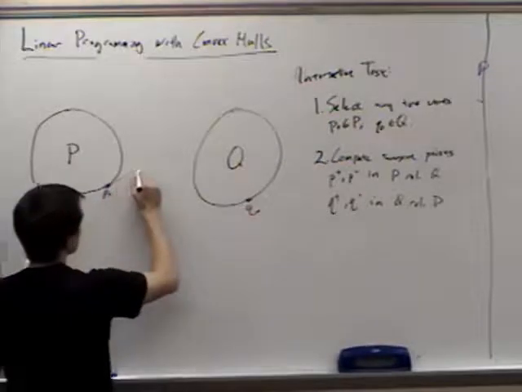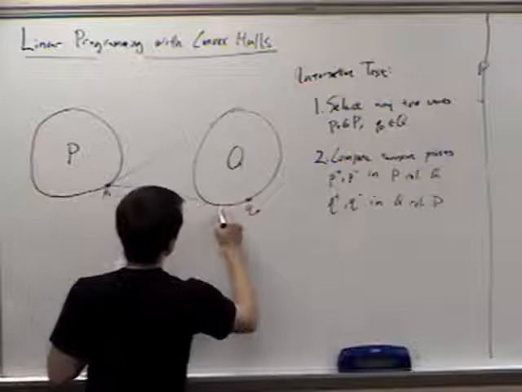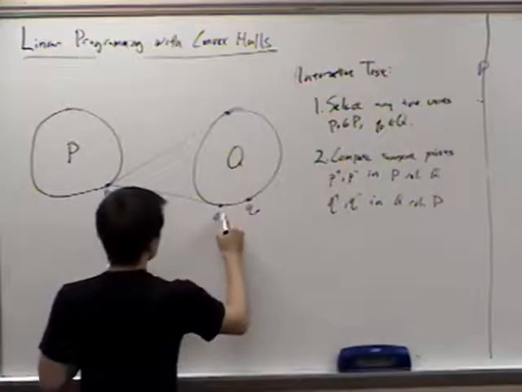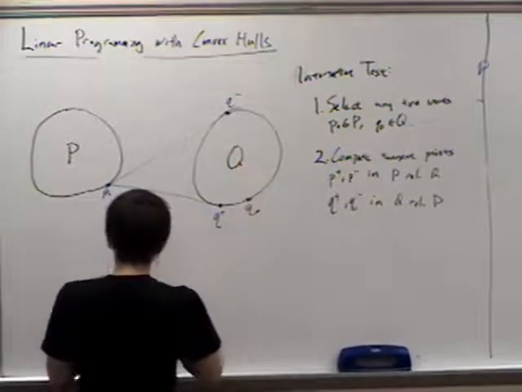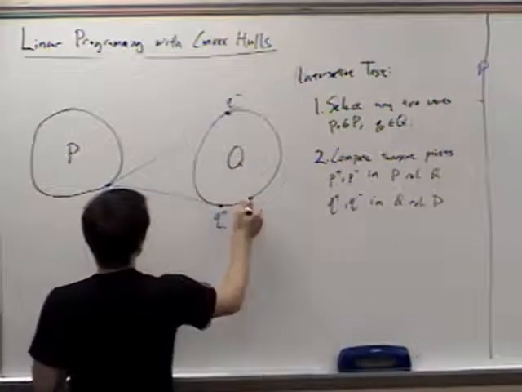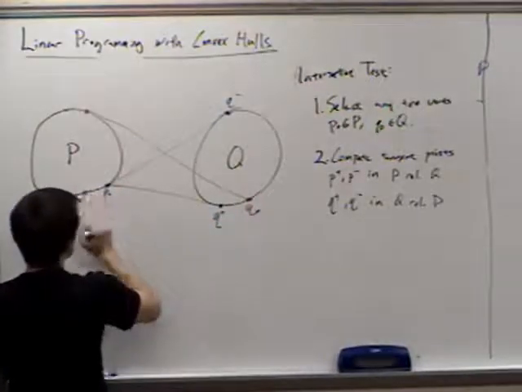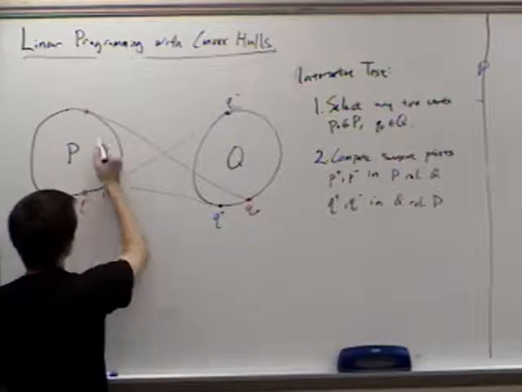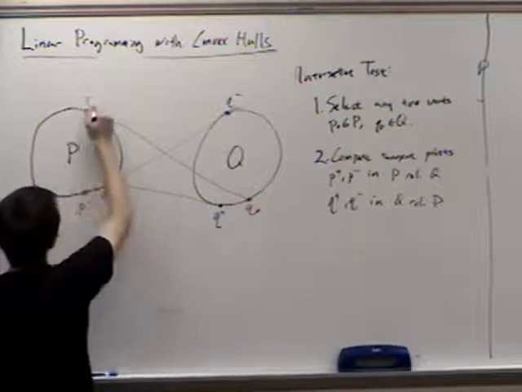So from P0, we're going to draw two tangent lines to Q. We'll call this one, say, Q plus, Q minus. And from Q0, we're going to draw these tangent lines to P here. We'll call this one, say, P minus, P plus.